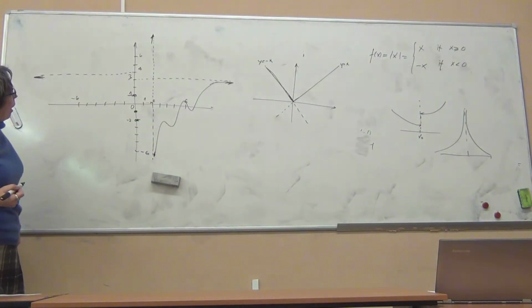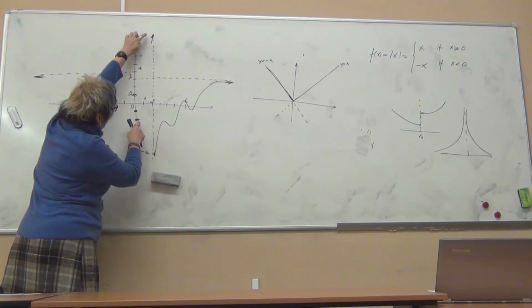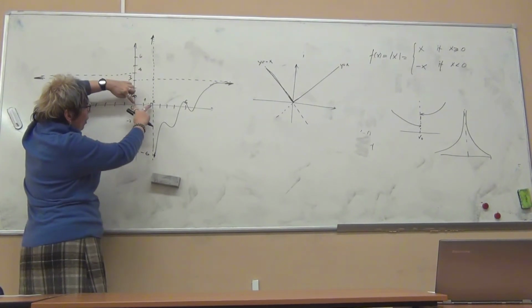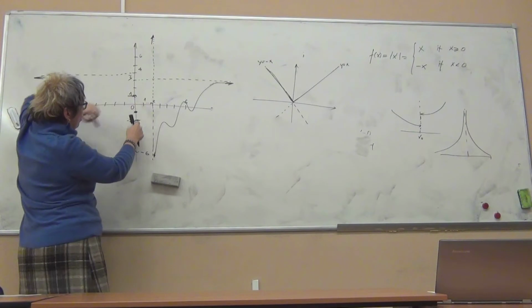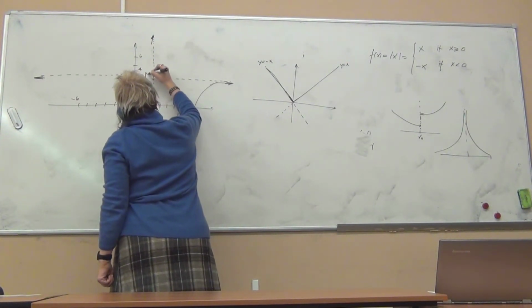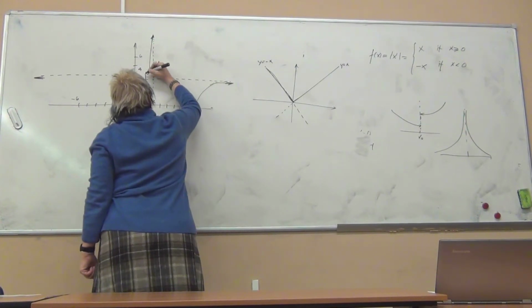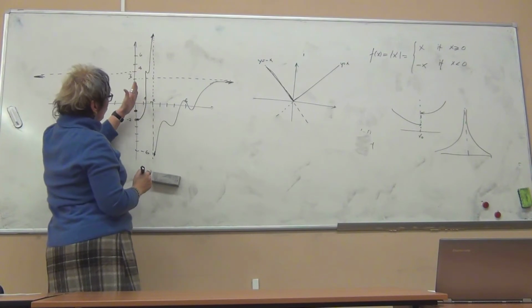Okay, what else? Now we have this branch of the function, the ends are here and there, between 0 and 2, this part of the graph. Or I can draw a smooth one, no problem with that.